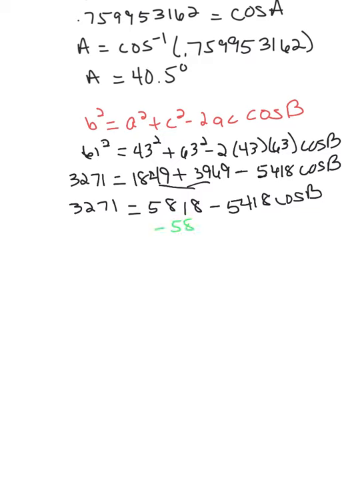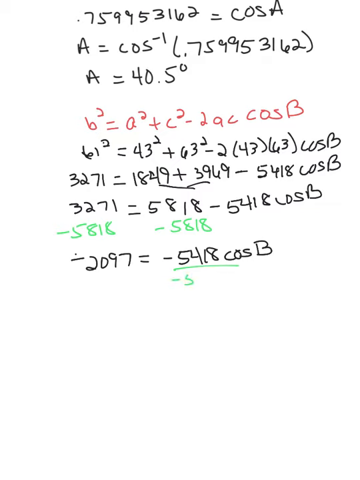Subtract the 5818. So we get negative 2097 equals negative 5418 times the cosine of B. Divide both sides by the negative 5418.